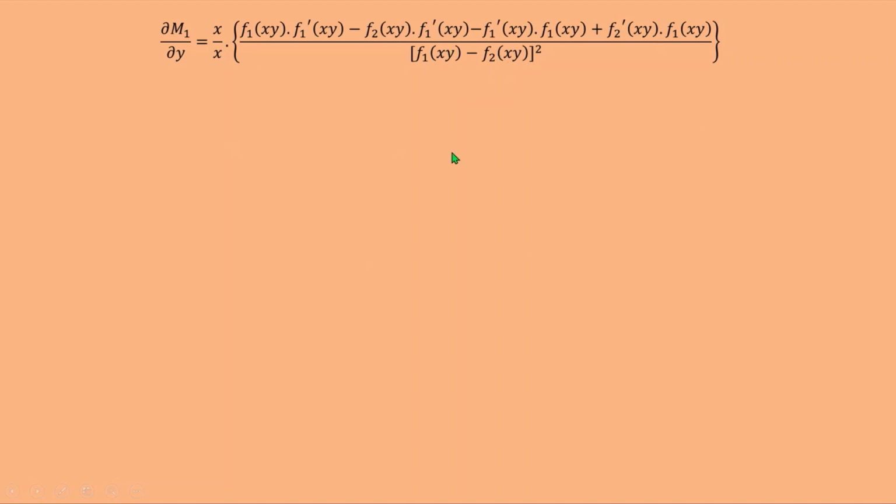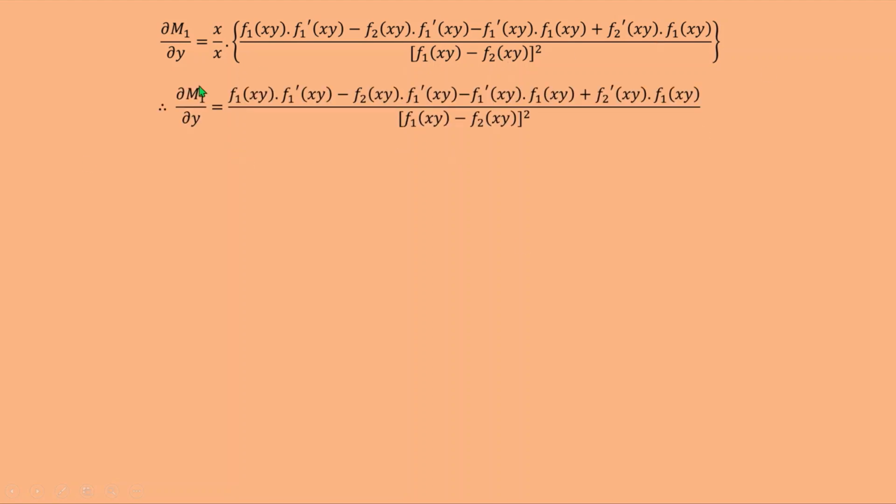Here x gets cancelled, and therefore ∂M1/∂y = [f1(xy) f1'(xy) − f2(xy) f1'(xy) − f1'(xy) f1(xy) + f2'(xy) f1(xy)] upon [f1(xy) − f2(xy)] whole square.